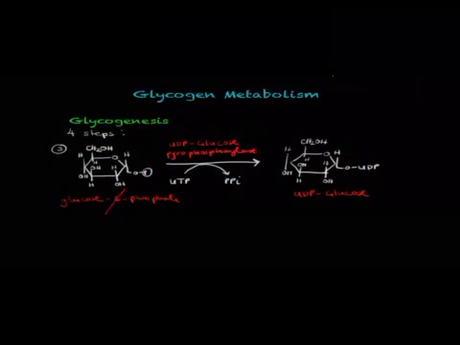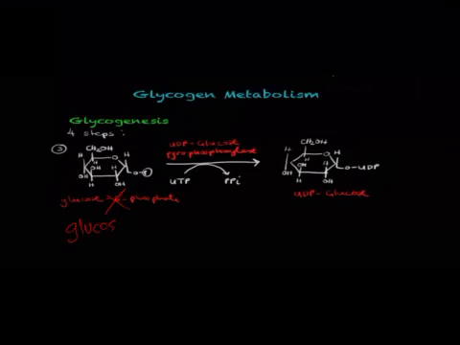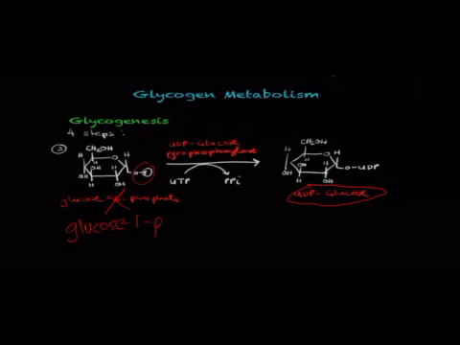So now this is actually incorrect, I drew that wrong. So it's glucose 1-phosphate here. And we want to make UDP glucose at this point. And so how that works, we have our catalyzing enzyme here, UDP glucose phosphorylase.